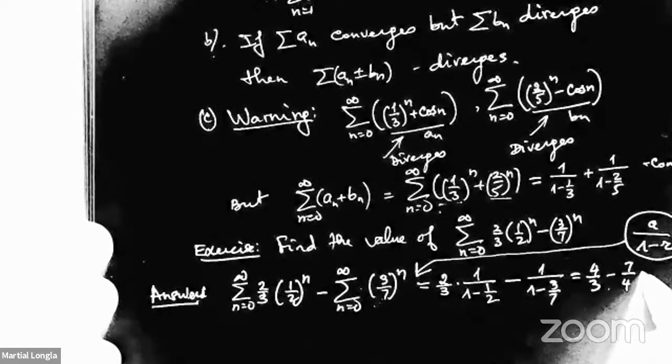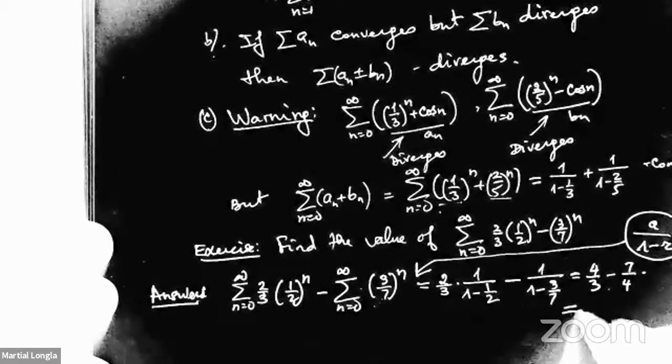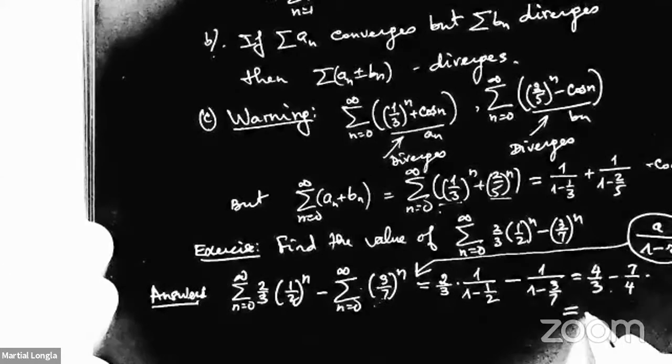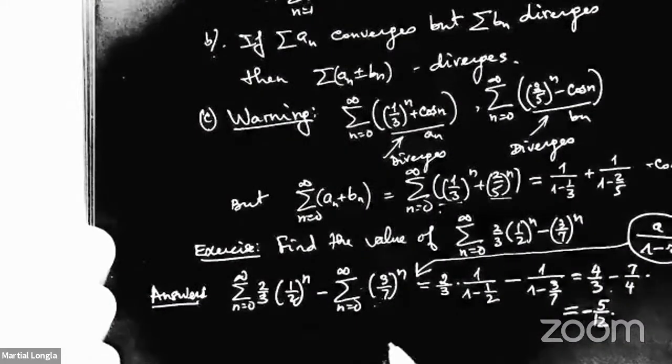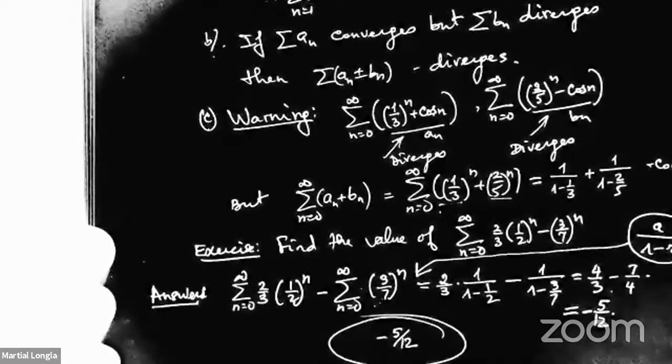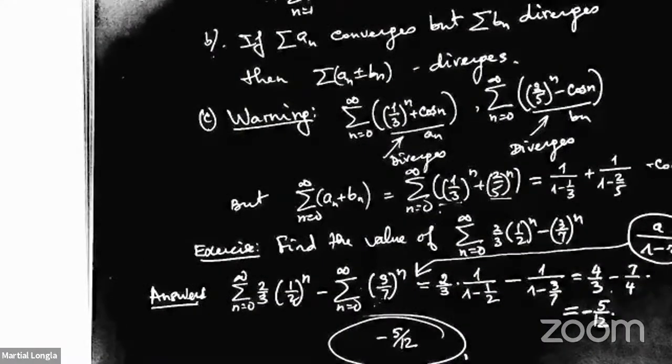So when you do that, you get 16 minus 21, so minus 5 over 12. Is that so? Yeah, that's what I got. Minus 5/12. So that's the answer. Excellent. Any questions about this?